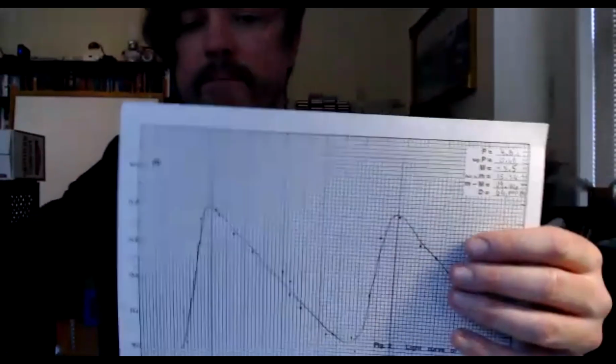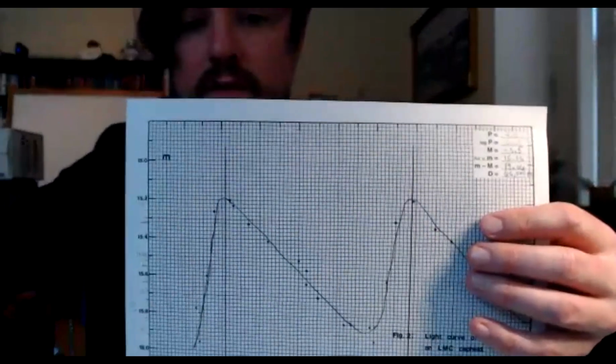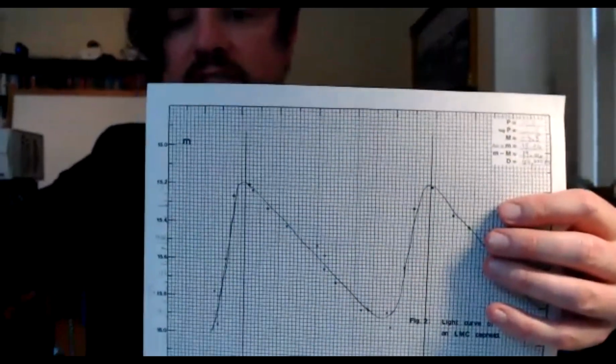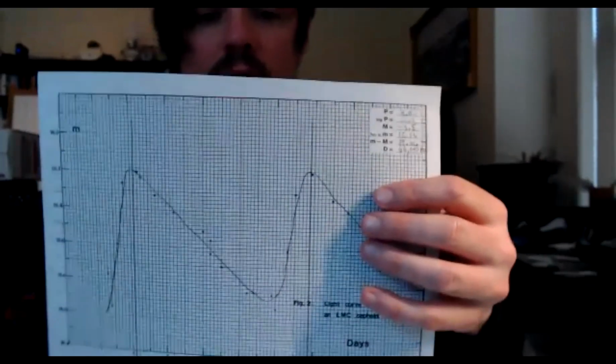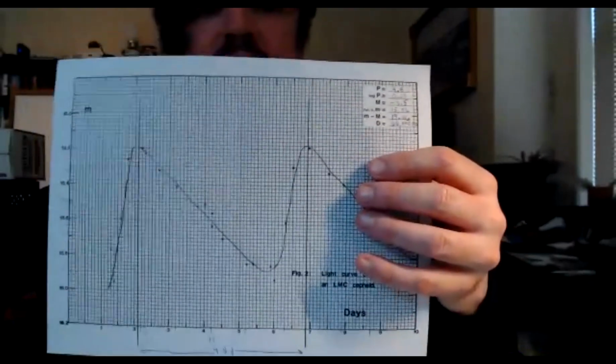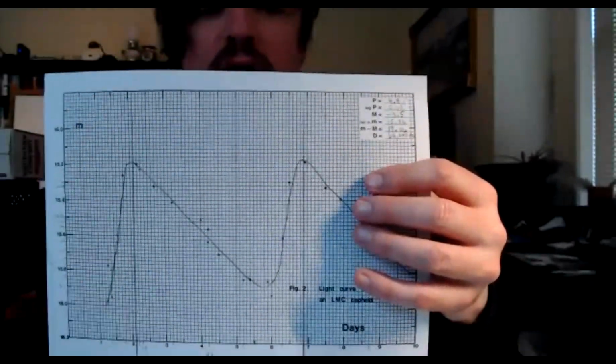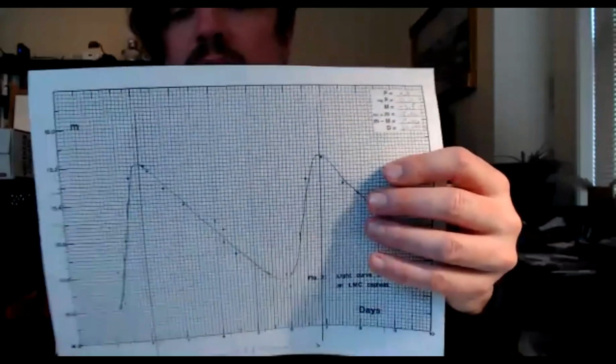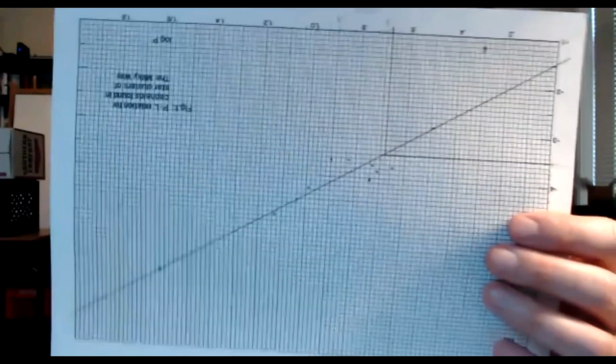So what papers do you need? You obviously need this paper that we just did, which has the period of the new variable star and all of that stuff. You also need to submit the back side of it, which is your period-luminosity relationship.